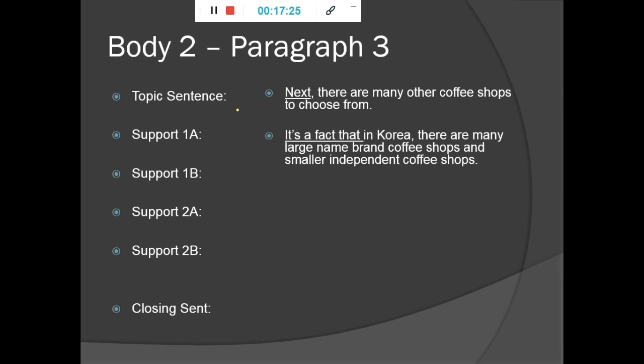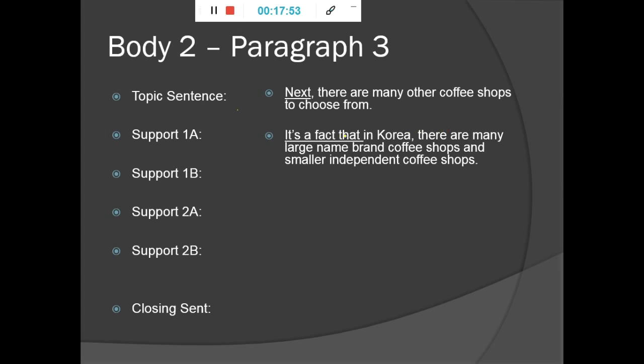And our support 1A: it's a fact that in Korea there are many large name brand coffee shops and smaller independent coffee shops. So this is another type of support that you could use, and I don't think the book really mentions it, but something that's kind of common knowledge that everybody knows and agrees upon.